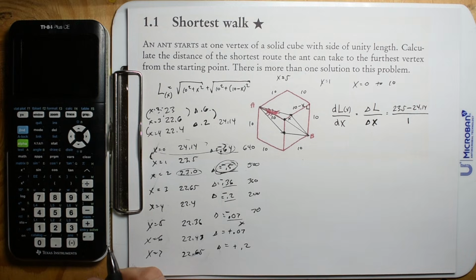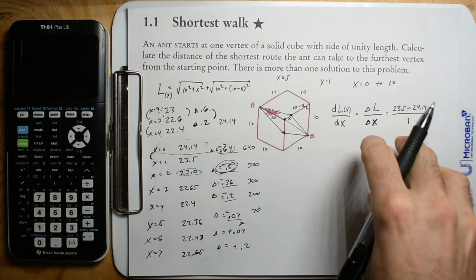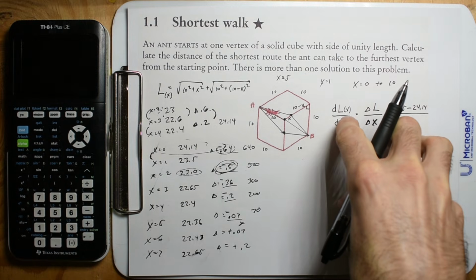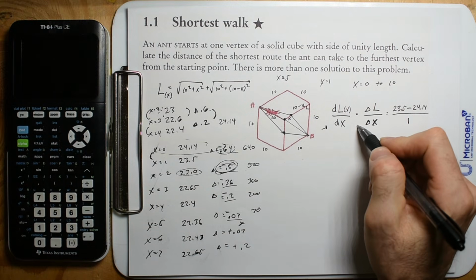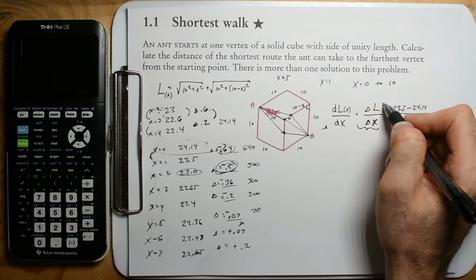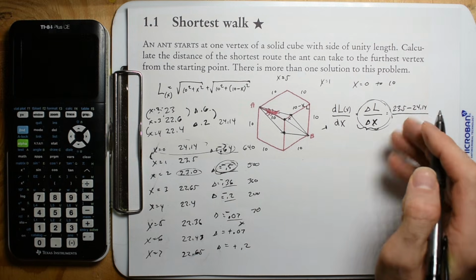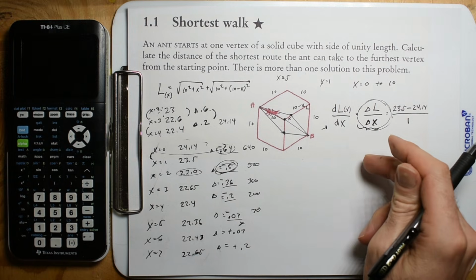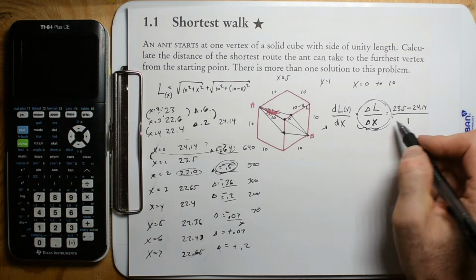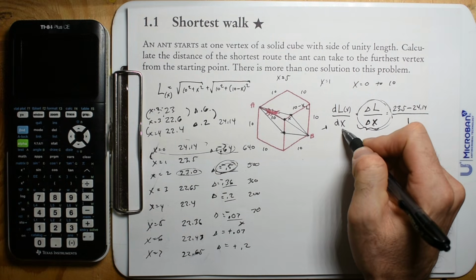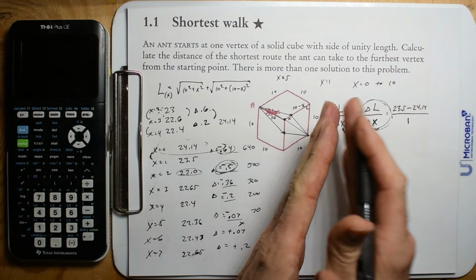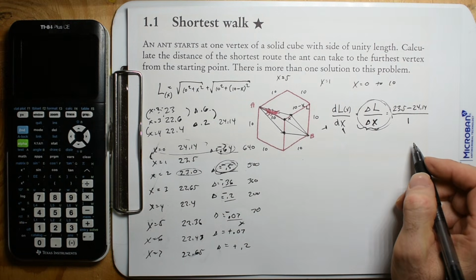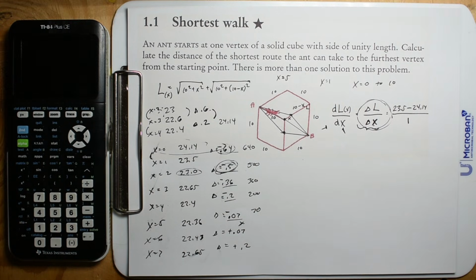Now, I think derivatives should be taught this way, more on this idea of averages, instead of on this idea of hocus pocus, if you make this change in x really, really small, you're going to converge on a value.